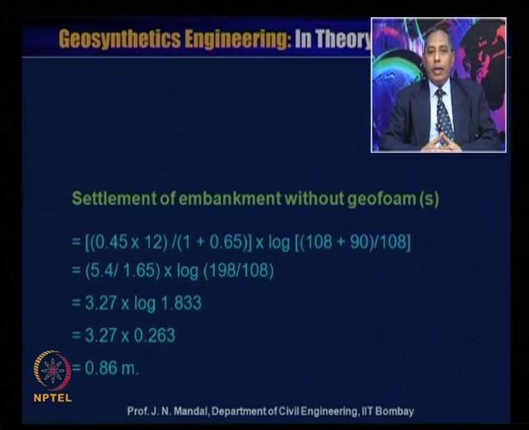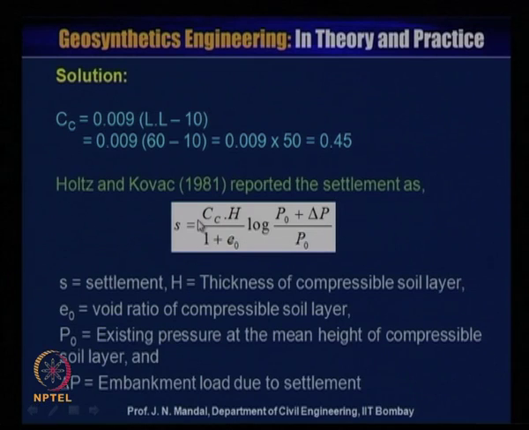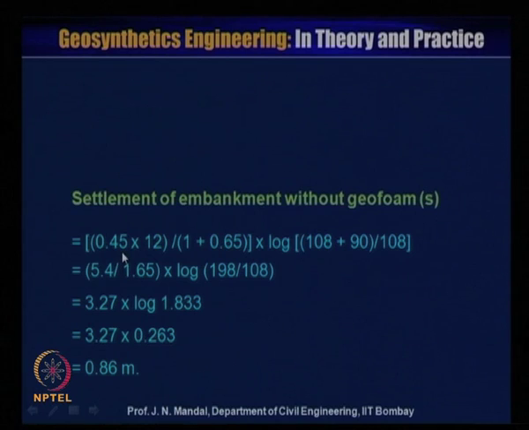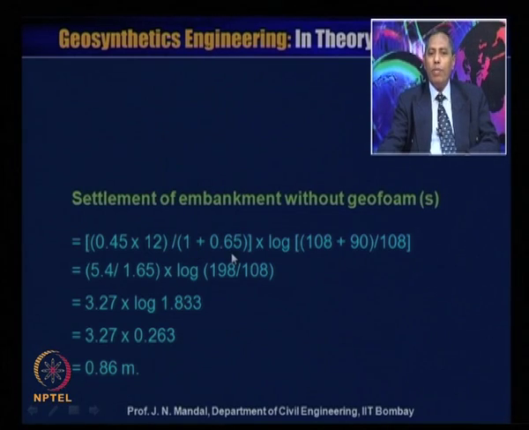Now, settlement of embankment without geofoam, that means this is Cc into, you know this equation, Cc into H by 1 plus e0. So, it will be the Cc is 0.45, H is 12 meter, this divided by 1 plus e0 and e0 value is given 0.65. So, 1 plus 0.65 into log of P0 plus delta P by P0.